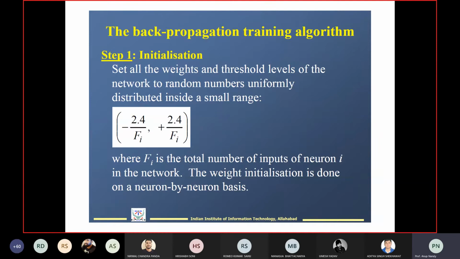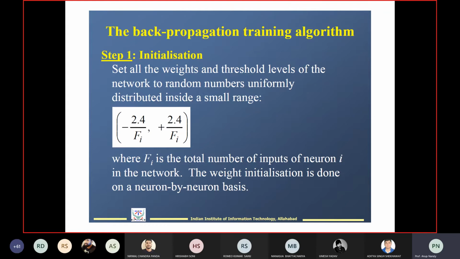The first step is initialization. To train this network, you have to choose the weights and thresholds randomly. Set all weights and threshold levels of the network to random numbers uniformly distributed inside a small range.